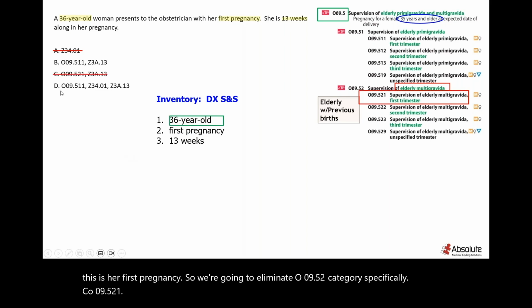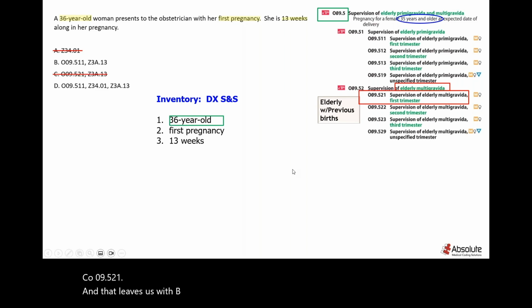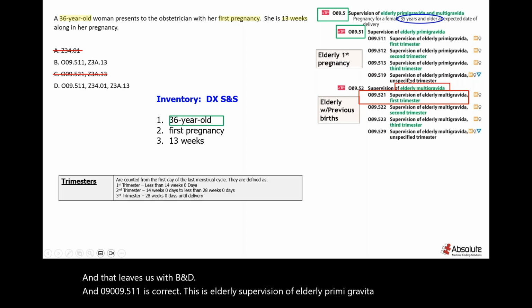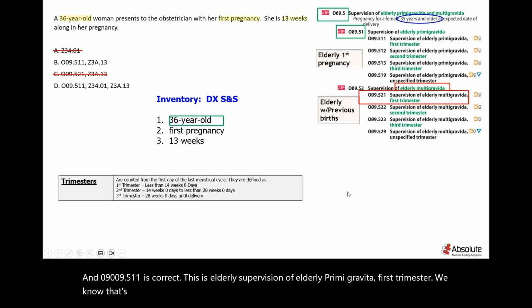And that leaves us with B and D. O09.511 is correct. This is elderly, supervision of elderly primigravida, first trimester. We know that's correct.